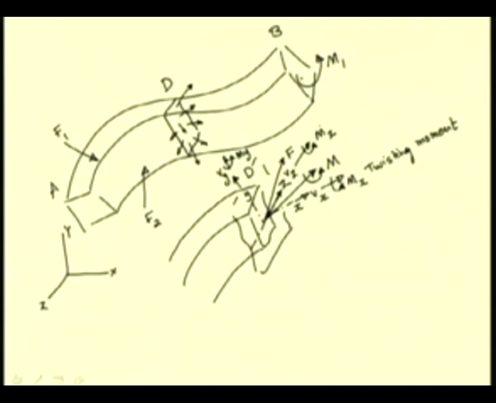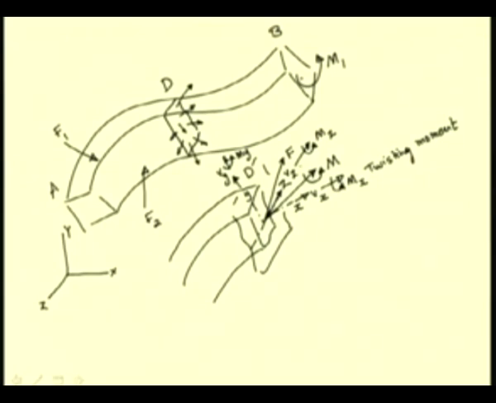This moment Mz and the moment My, along the z and y directions, tend to bend the member. So, the moment My bends the member in the plane xz and the moment Mz tends to bend the member in the yx plane.